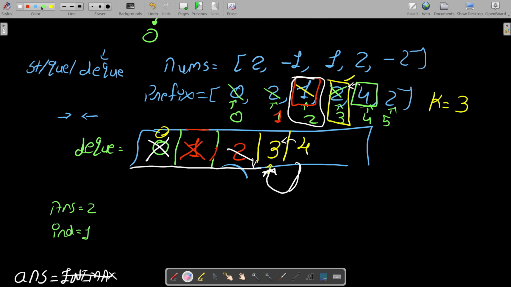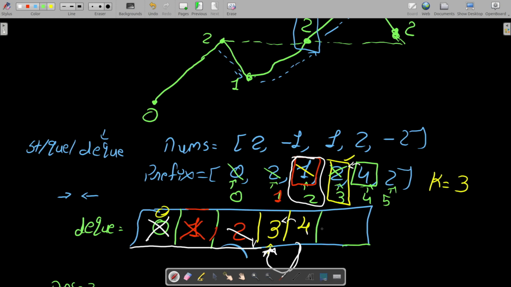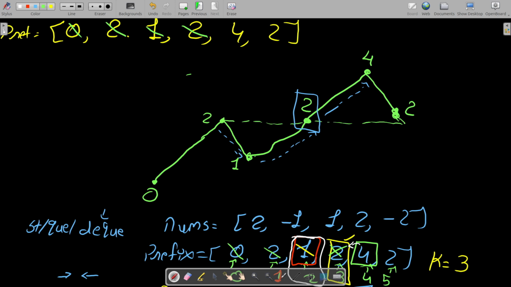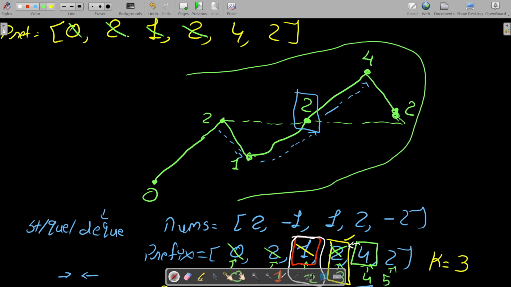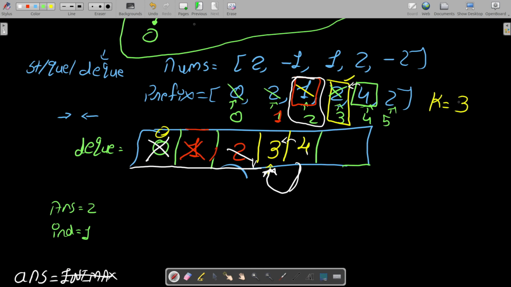Now we reach the last index. I have taken a very good example so that you could know this graph and understand properly why we are taking these things. So when we have reached 2, now check whether this 2 is greater than or equal to 4 or not.